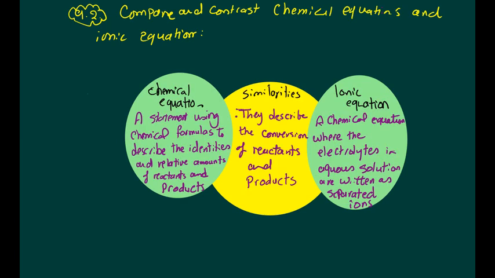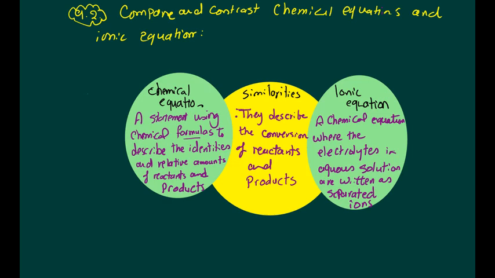Chemical equation and ionic equation, both of them describe the conversion of reactants into products. But the chemical equation uses formulas and symbols to describe identities and relative amounts of reactants and products. It shows how many atoms of each of the elements and compounds are taking part in the reaction.